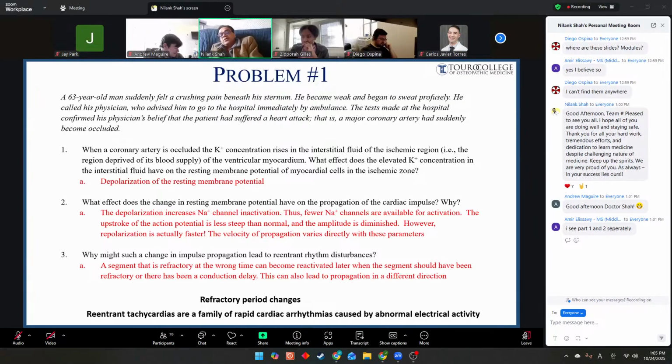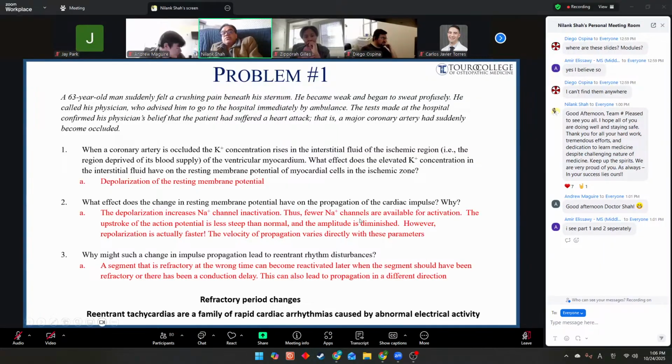What is the effect of hyperkalemia on resting membrane potential? First of all, tell me what is resting membrane potential. Why is resting membrane potential negative in cardiac myocyte or in SA node?